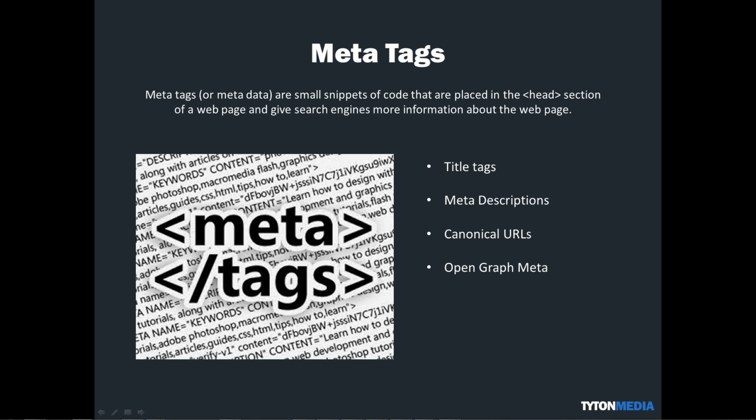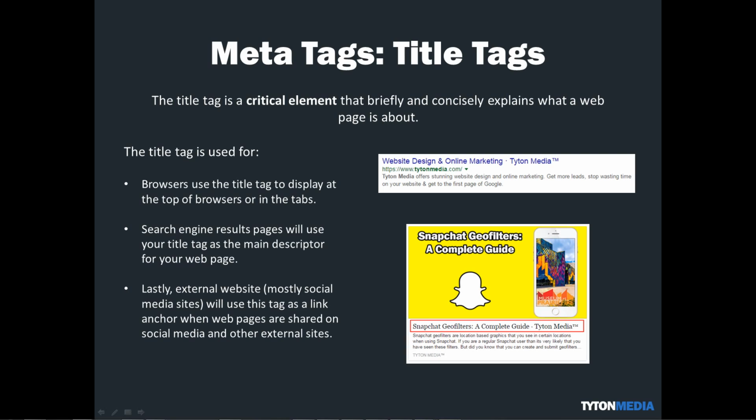And it consists of these four main tags that you should be including on all your pages in order to increase your rankings. So first is the title tag. This tag is critical to on-page SEO, and what this tag does is it briefly and concisely explains what a web page is about.